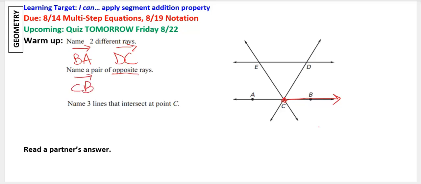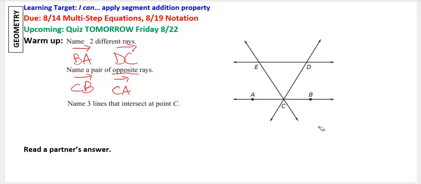CB, I heard, is correct. And then opposite means it's going the other way. Which one's that? CA. Those are opposite rays going opposite ways. It is, but the notation is always going to the right. Start with the endpoint, notation goes right.